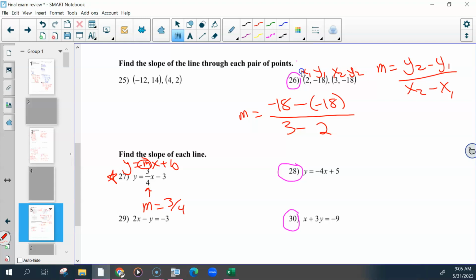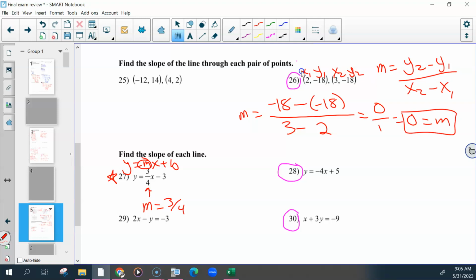What would this numerator give us? 0. The denominator would give us 1. And 0 over 1 would be what? What would this simplify to be? Not 1. 0.